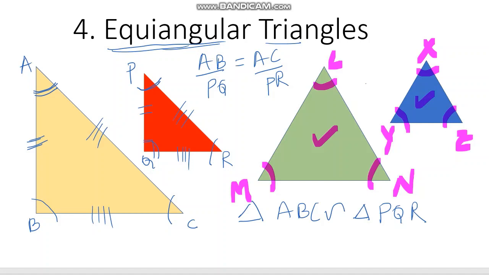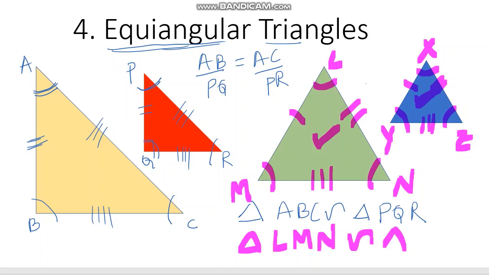Now if the ratio of LM by XY is equal to LN by XZ, and this is equal to MN by YZ, then you can say that triangle LMN is similar to triangle XYZ.